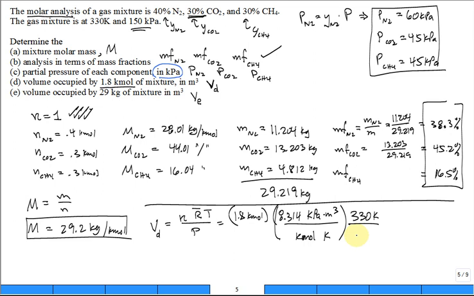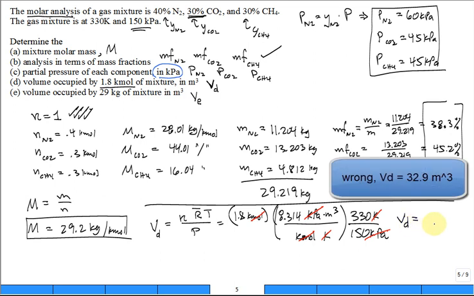The pressure is 150 kilopascal, and so you see the kilopascals cancel, the kelvins cancel, kilomoles cancel. You're left with units of meter cubed. So the volume is 49.4 meter cubed.